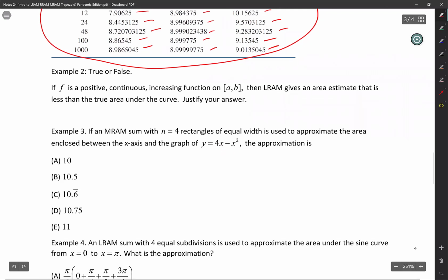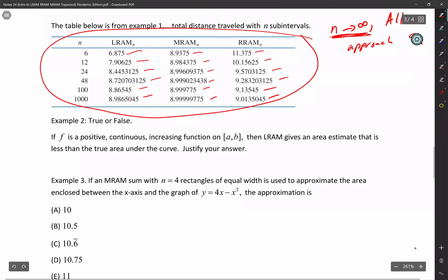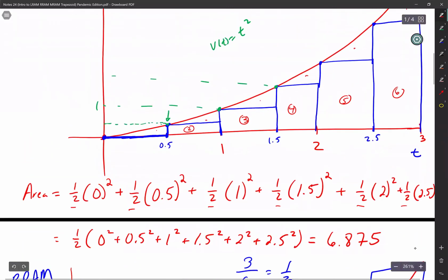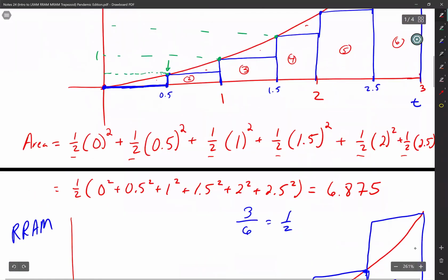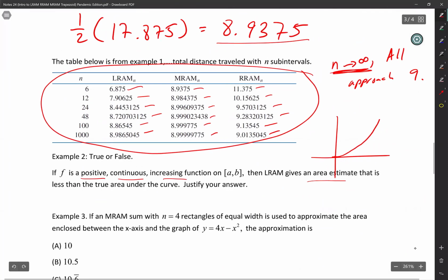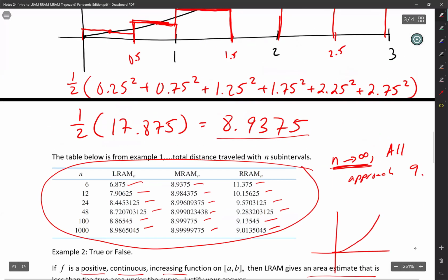It says example 2. If f is a positive, continuous, increasing function on AB, then LRAM gives an area estimate that is less than the true area under the curve. So let's see if that's true. It wants positive, continuous, increasing. Oh, well, we have that over here. LRAM. Is that a true statement or a false statement? LRAM gives an area estimate that is less than the true area.